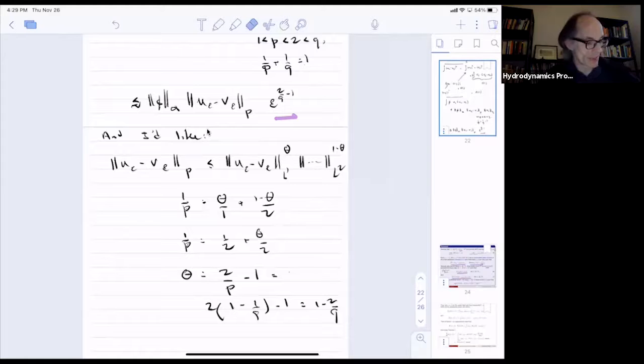So it's the same exponent up here, but with the opposite sign.